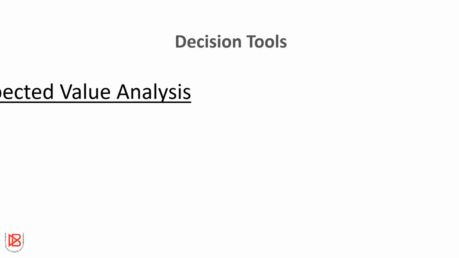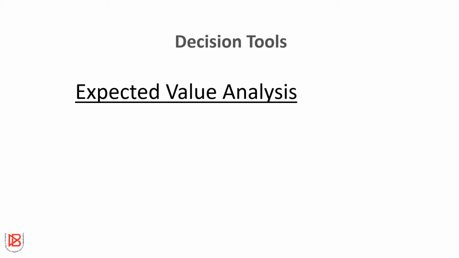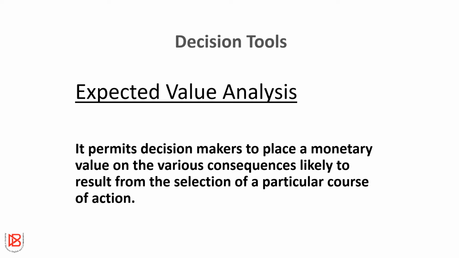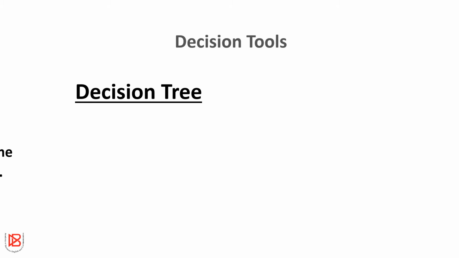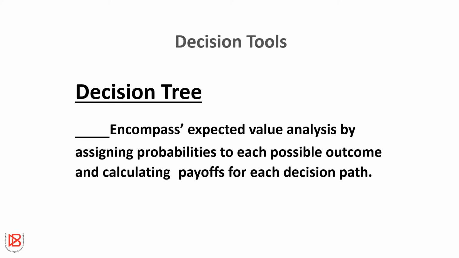So the decision rules include expected value analysis, as to what kind of values or objectives we have desired for ourselves and whether we will be able to achieve them or not. Then we have the decision tree analysis, which encompasses the expected value analysis by assigning probabilities to each value.